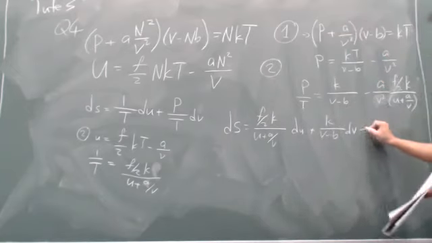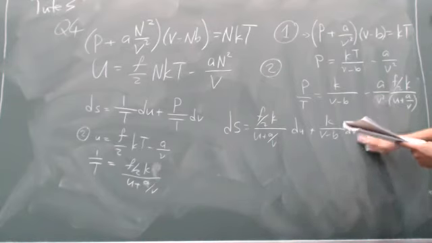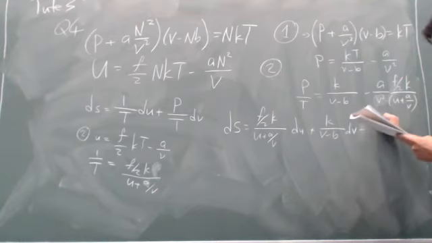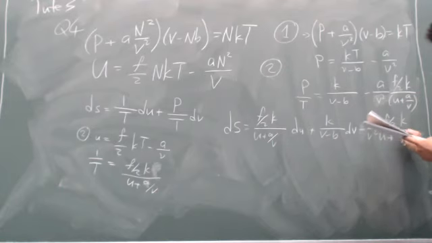The second term, we're going to slightly rearrange it. Before we rearrange it, just write it down: minus a on v squared, f on 2k divided by v, u plus a on v, dV.